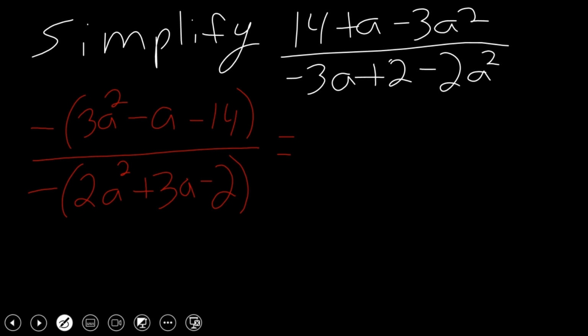And so when we factor these out, we're going to go 3 times 14 is 42. The factors of 42. We have the 3 and the 14.